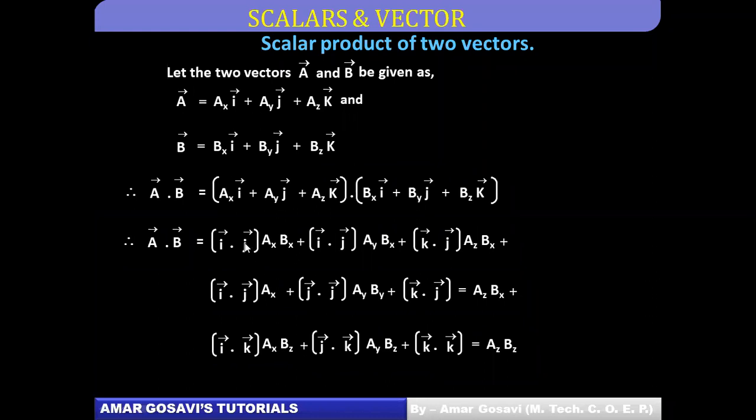So out of the 9 terms from the 3 rows, only 3 terms will prevail. 1, this is the second term j cap dot j cap, and the third term k cap dot k cap. Other terms will become 0. So whenever I simplify a bar dot b bar, I'll get it as, okay. So hopefully as per your messages, you are done with noting this slide.